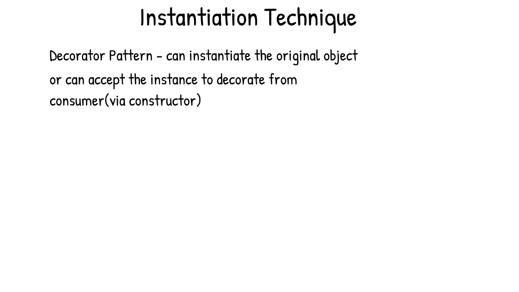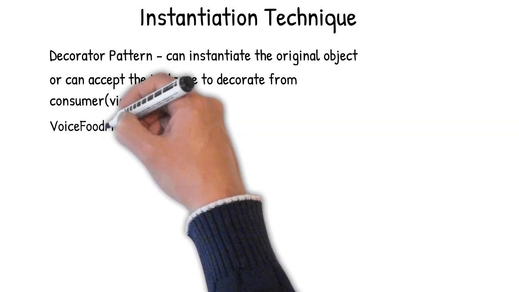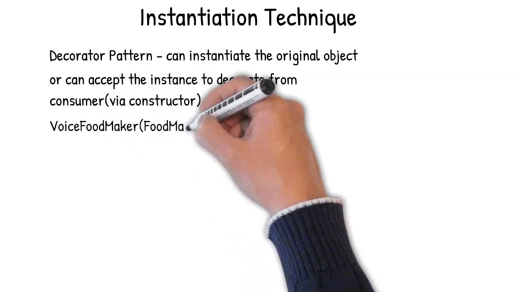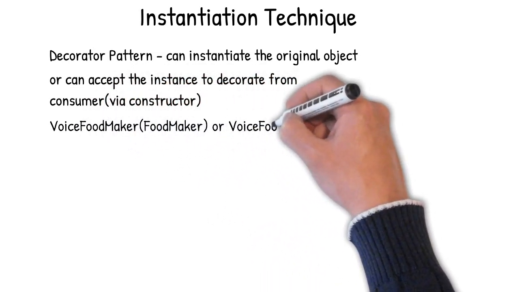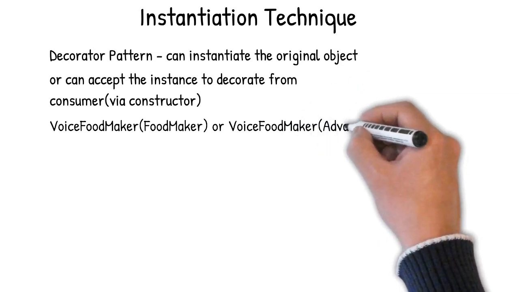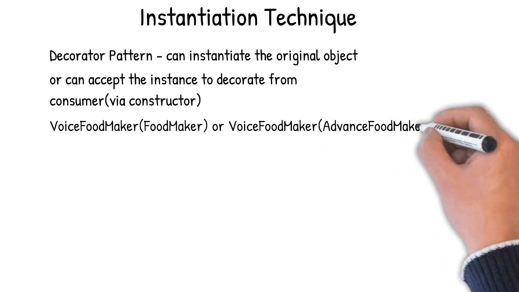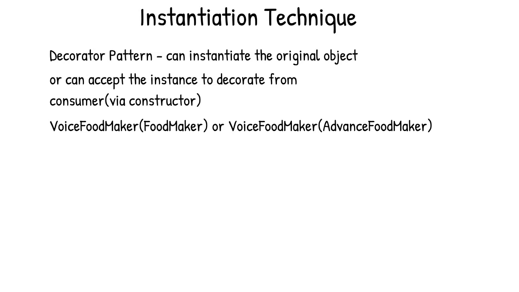But there could be another flavor where instead of hardcoding FoodMaker, we can let VoiceFoodMaker accept any kind of food maker so that a consumer can say, for example, create a VoiceFoodMaker with FoodMaker, or it can create a VoiceFoodMaker with, say, AdvancedFoodMaker, and then it can decide which one to sell based on the requirement.